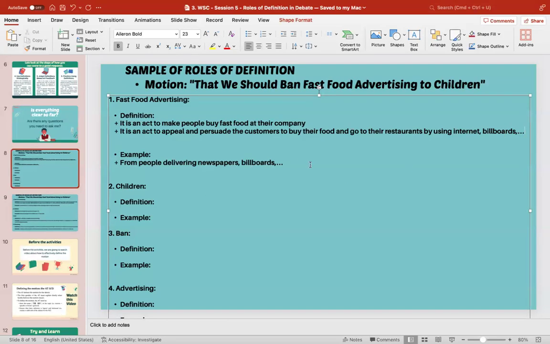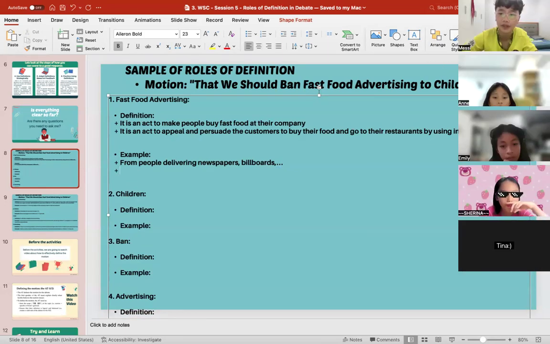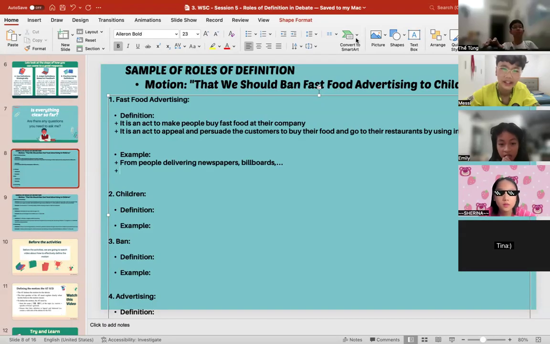So the example here is, have you ever seen an advertisement? One day when I walk on the streets, I see Pepsi advertising their new flavor, something like that.